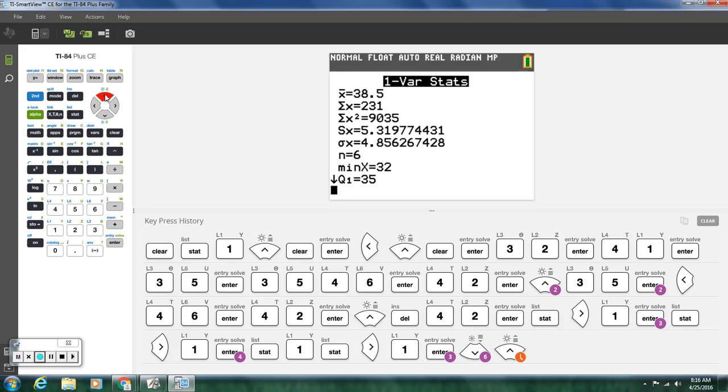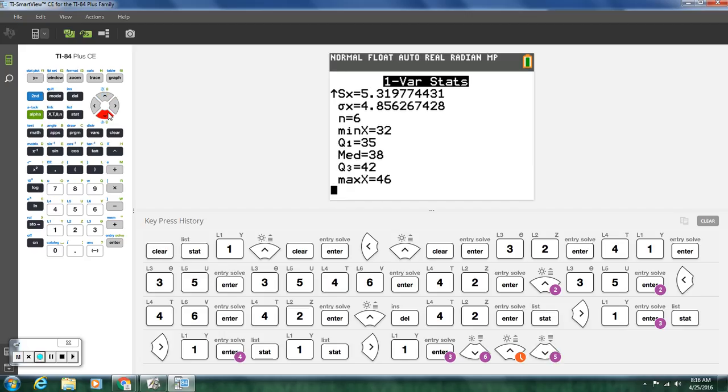So if it's got that arrow down there, that means there's more stuff. Well, there's a lot more stuff on here we're getting ready to talk about, but there's your mean, there's your average. Then if you go down, it'll give you your median, so there's your median. So the only one it won't give you is your mode, which is pretty easy. 38, when there's no 38, you have to look at that.